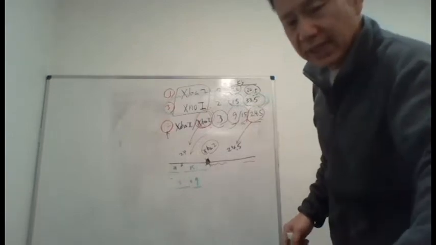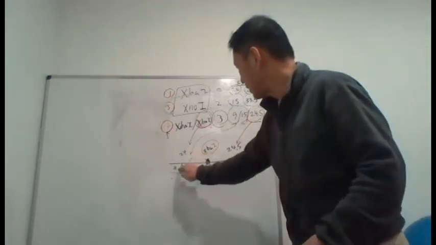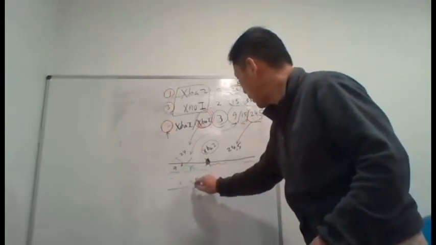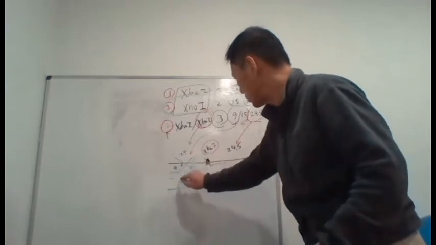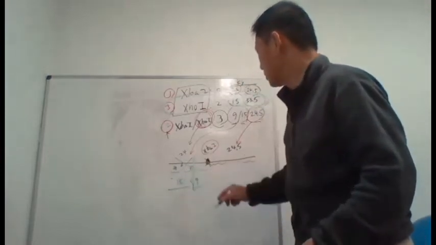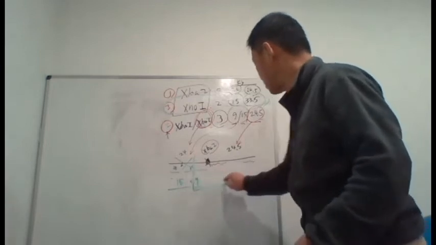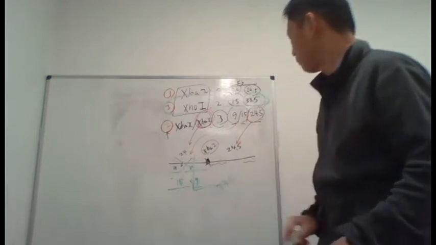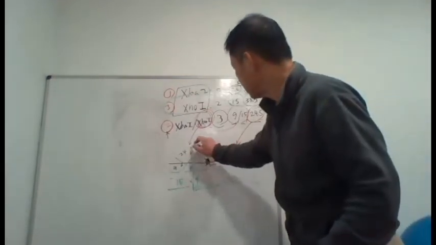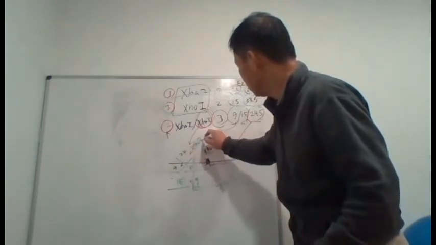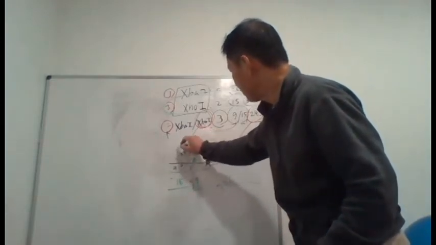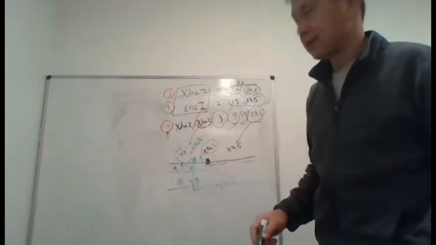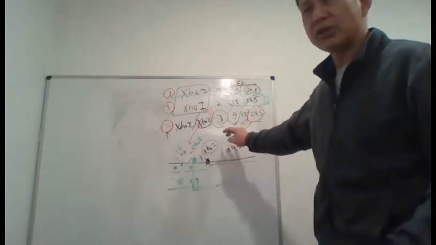That immediately eliminates this possibility, because only XHO1 at this location will give you 15 kb here, and then this part will be 9 plus 24.5, which is 33.5. So XHO1 must be here, with 15 kilobase here, 9 here, and 24.5 here. That's how you determine the restriction mapping.